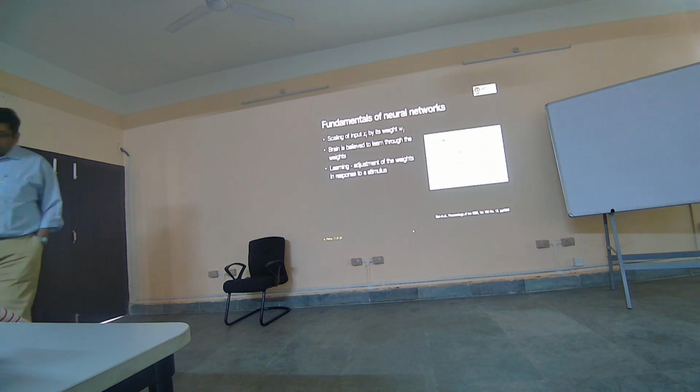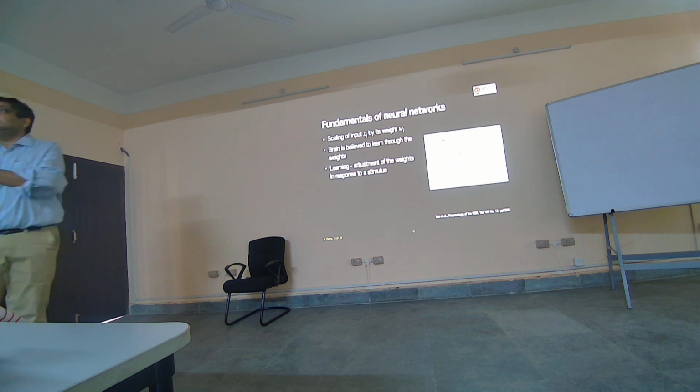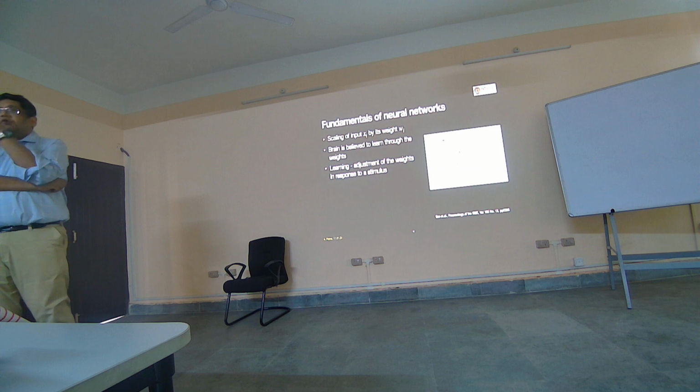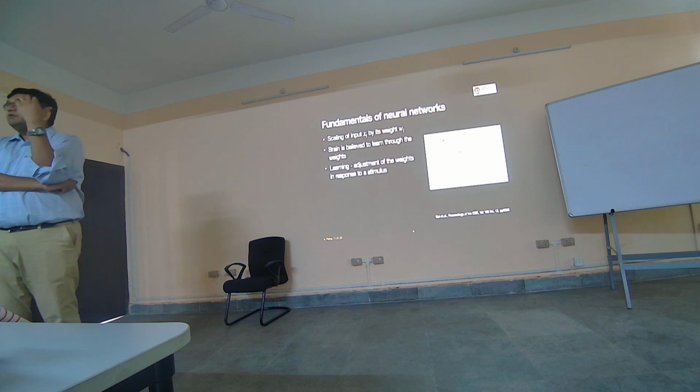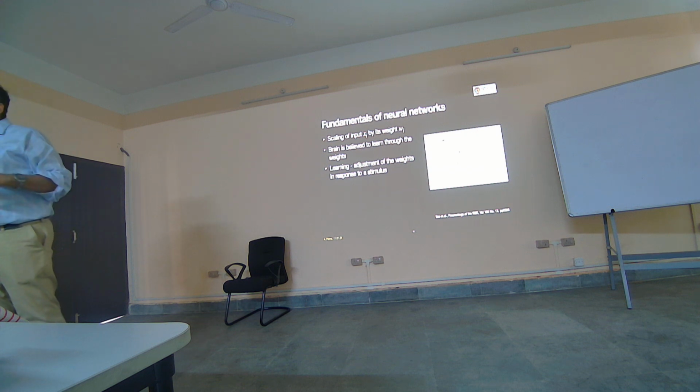Okay, so how do you think about a neural network when you think about implementing it in silicon? As I told you, a neuron takes a bunch of inputs and integrates them, and once it crosses a certain threshold, it gives out an output.